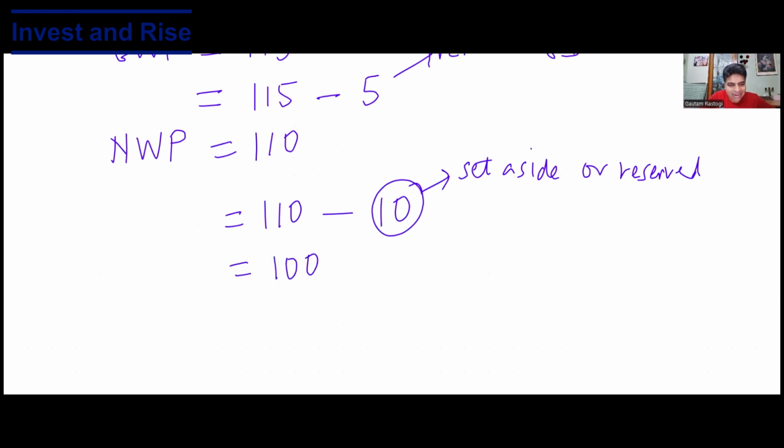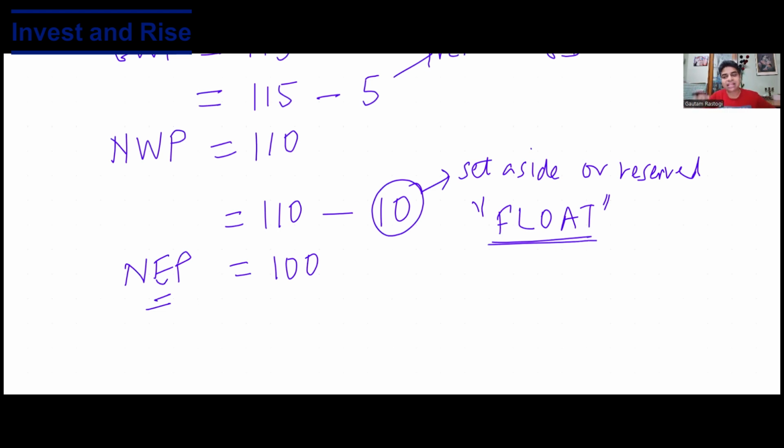Let's call this net earned premium. Earned, itna bacha. And by the way, this 10 rupees that was set aside or reserved for future claim payments is added to something called float. Warren Buffett calls this float. How he describes it is, this is the money that the insurers have, but they don't own.